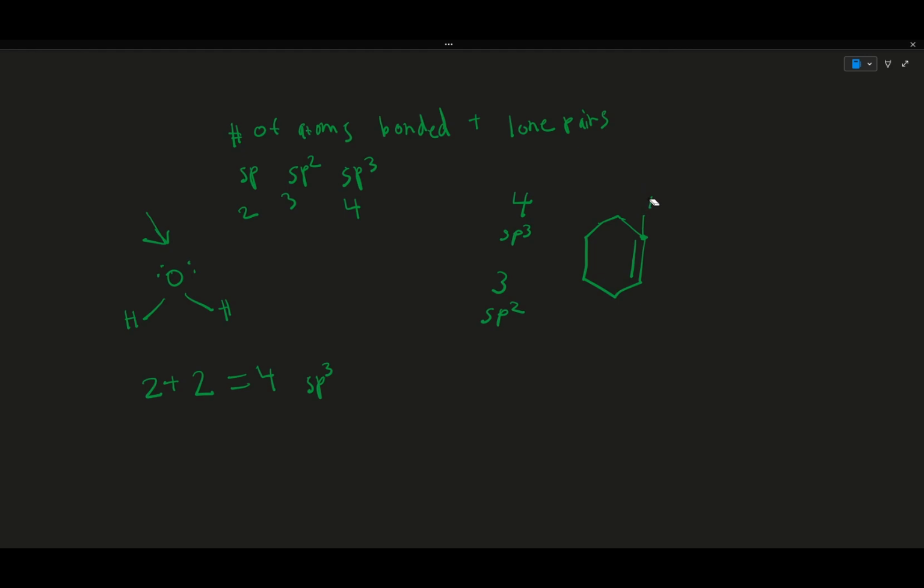Now instead, let's say we have a triple bond. What would be the hybridization now? This carbon is bonded here and here. The triple bond contributes only once, and the single bond contributes once, so it's bonded to a total of 2 atoms, making it sp hybridized.